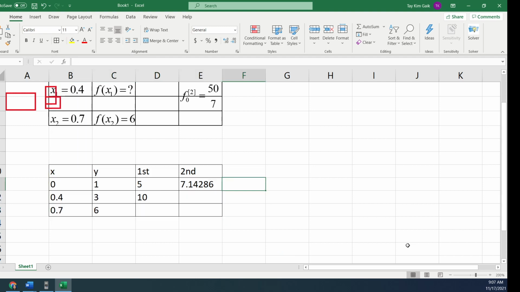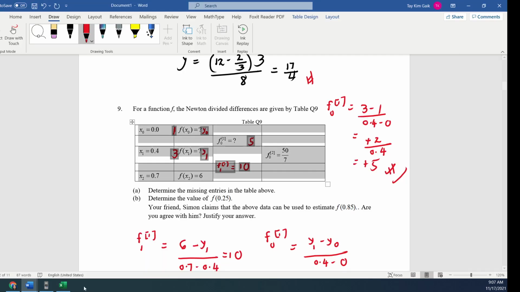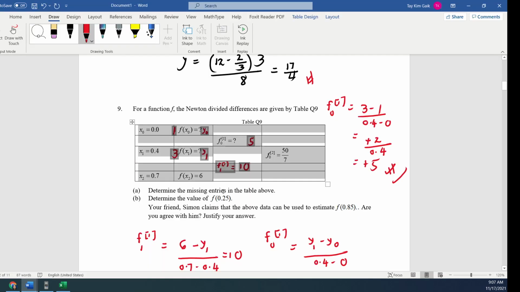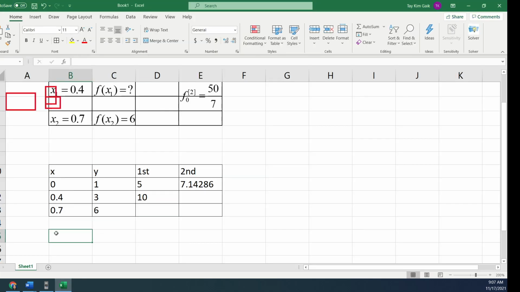1, 3, 6, 5, 10, 50 over 7. Okay, now you want to estimate f 0.25.